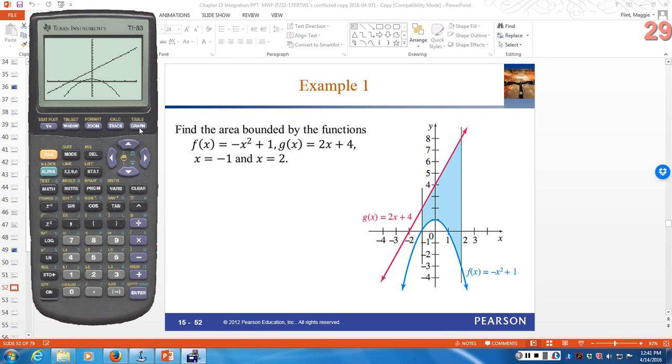So we're trying to find the area from here to about here. Actually, I'm going to change this to the limits of integration, so it's from -1 to 2.